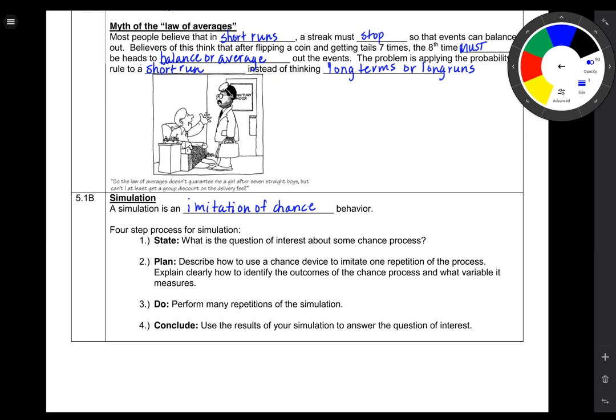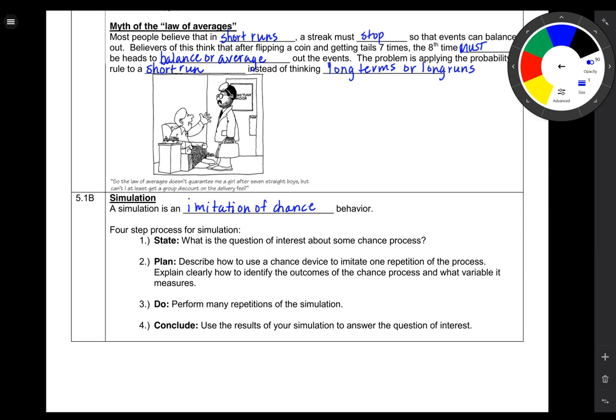In the state portion of a free response question, you're stating what question you're trying to answer. In this case, what is the question of interest about some chance process? In the plan portion, you're going to describe how to use a chance device to imitate one repetition of the process. Explain clearly how to identify the outcomes of the chance process and what variable it measures.